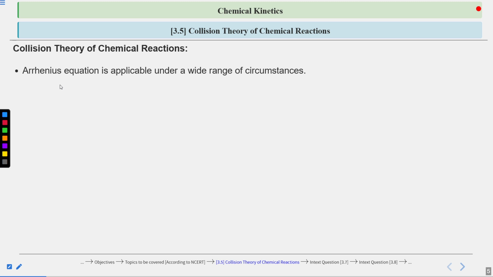But it does not account for a proper estimation of the number of collisions, that is, how many collisions in a chemical reaction are happening to form a suitable product.